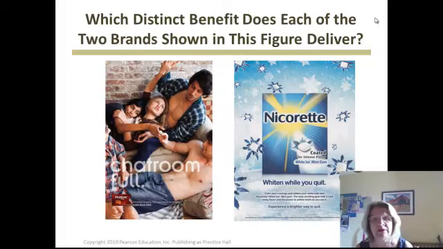What about these advertisements? Which distinct benefit does each of the 2 brands shown in this figure deliver?